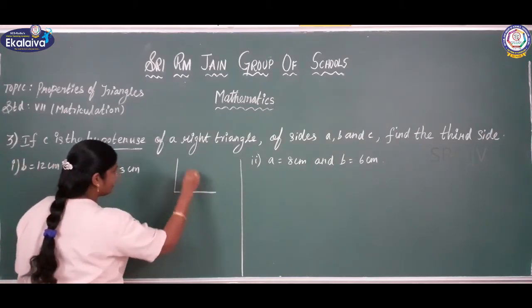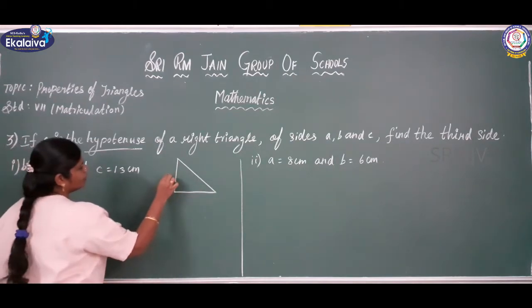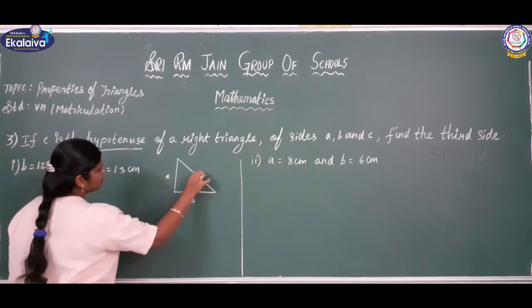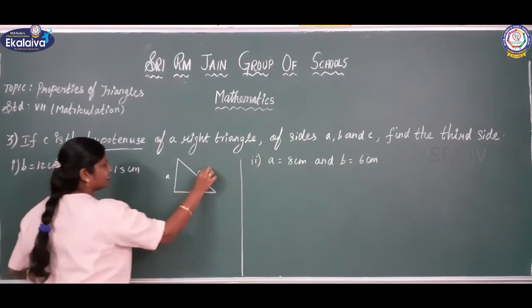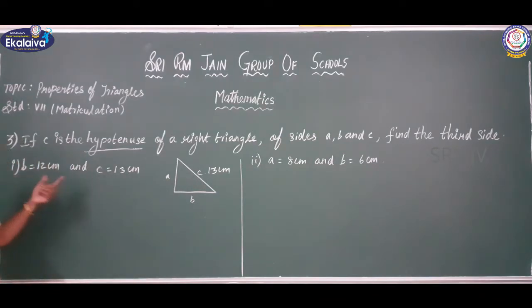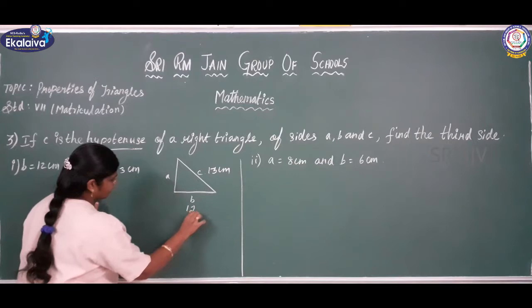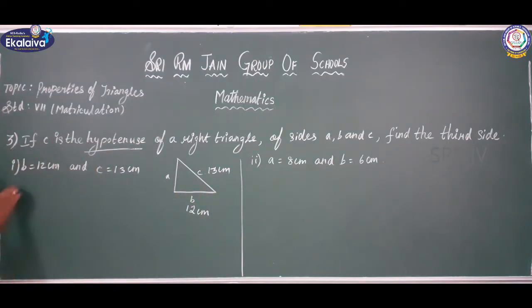First you take the right triangle. A, B, C. Here C is 13 centimeter, and A we are going to find, and B value is 12 centimeter. Here we are going to use the Pythagoras theorem.